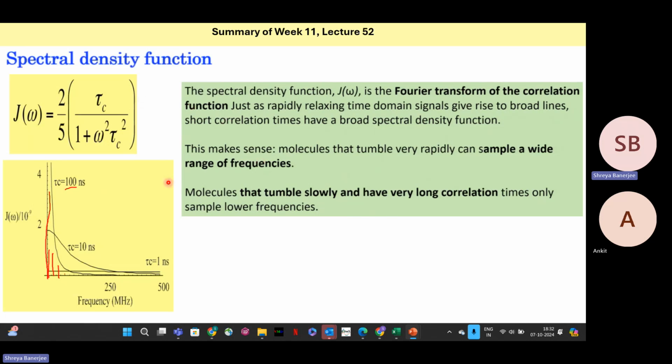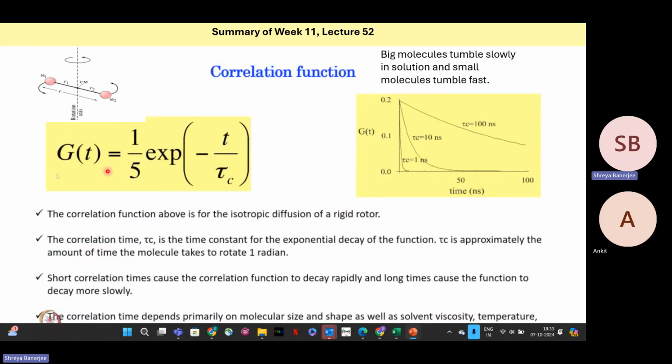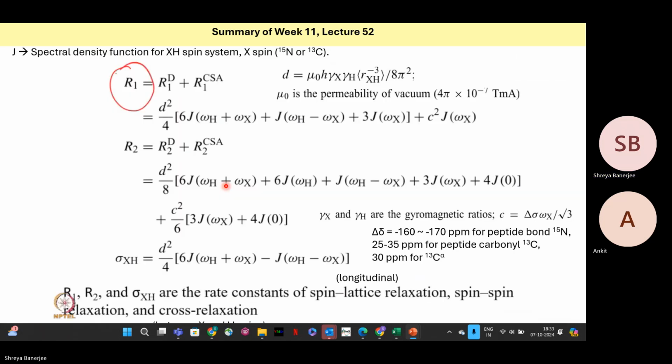So these two functions or equations you can remember. One is the correlation of the spectral density function with the tau c, and another is the correlation function which is related to tau c. So now the spectral density function J, we have already defined that, and we will basically look at two relaxation times, R1 and R2.